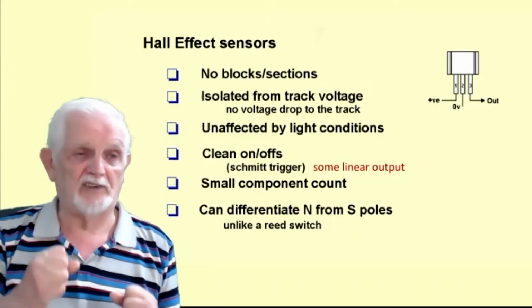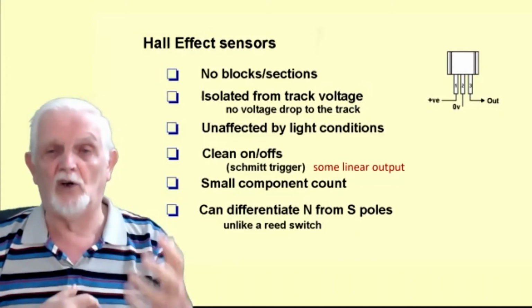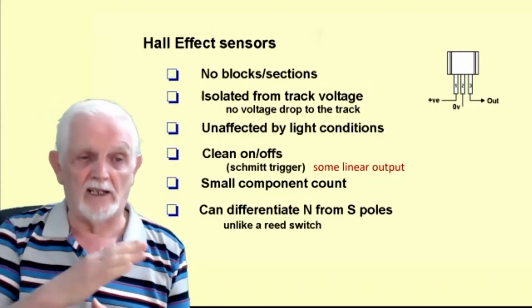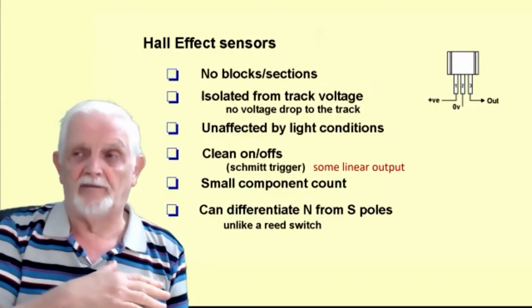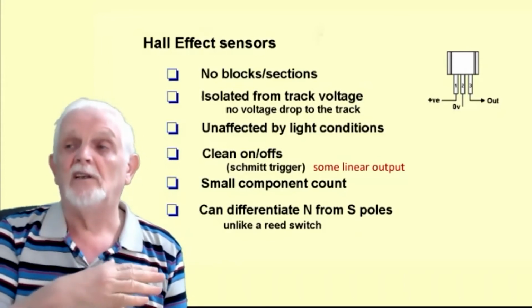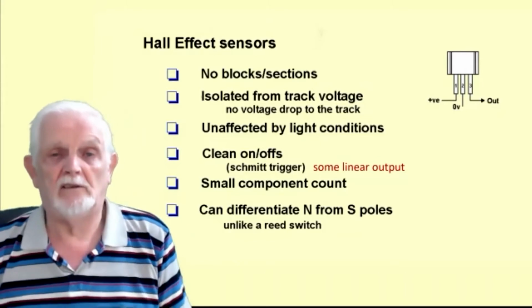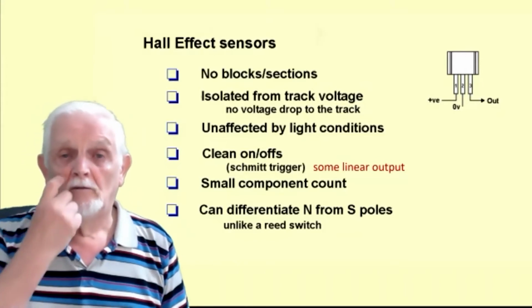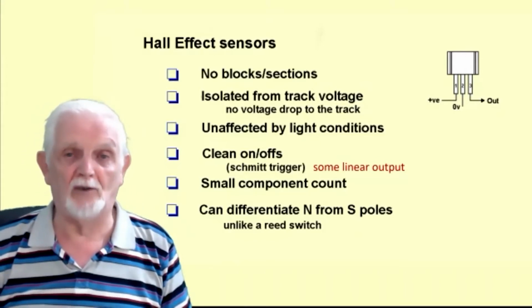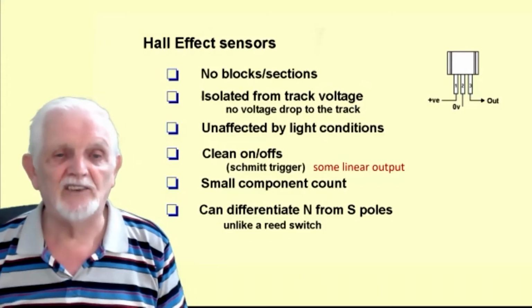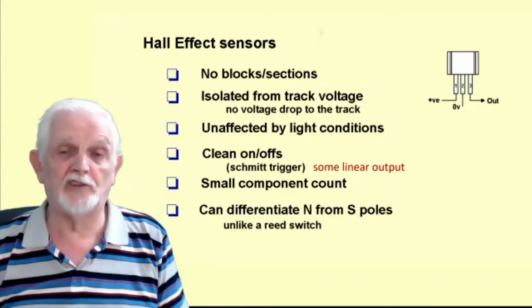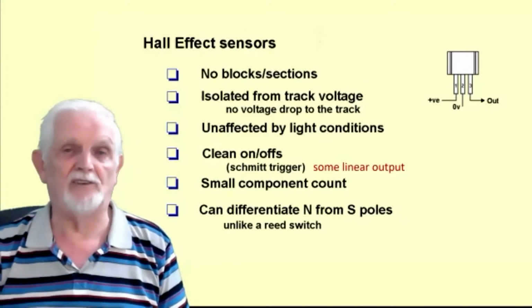In other words, it's either completely on or completely off, or you get ones that have got a linear output. The amount of voltage out depends on the magnetic flux level it detects. And I'll show you that in a moment. Very small component count, i.e. one component. And some can differentiate between north and south poles, which a reed switch can't.